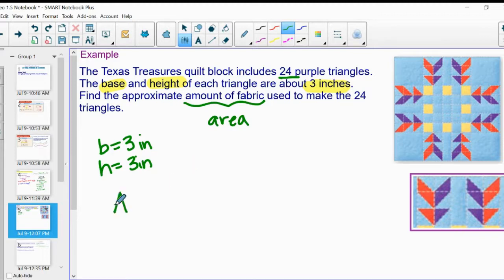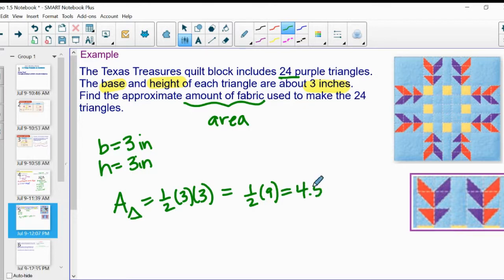So the area of one triangle, okay, and we can make a little notation like that. Area of a triangle is 1/2 base times height. So plug in 3 for base, 3 for height. 1/2 times 9. And it doesn't matter the order. When you're multiplying 3 numbers, the order really doesn't matter. But I'm going to go 3 times 3 first, and then take half of that, which is 4.5.